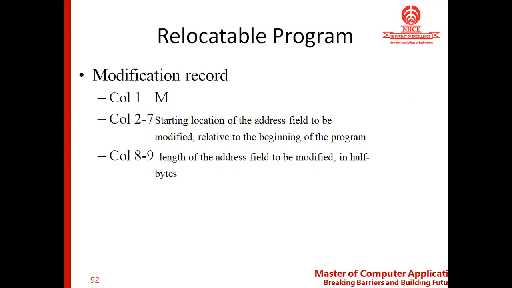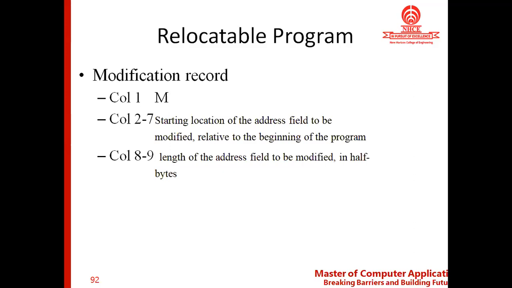According to that starting address, the assembler generates the object code. When the program is loaded into memory, at the time of loading the relocation happens. When the relocation happens, there should be some change in the object code.